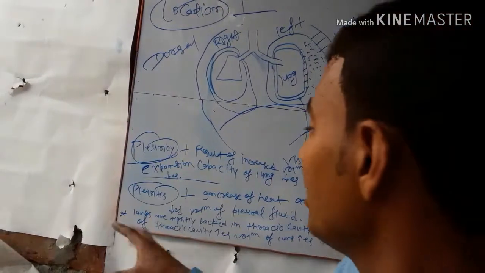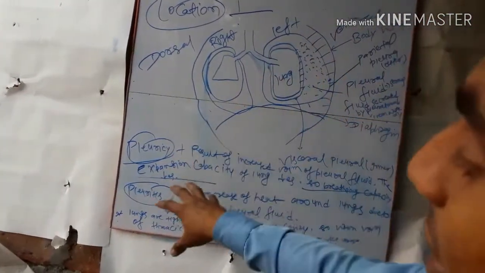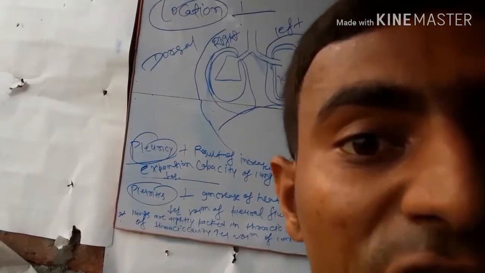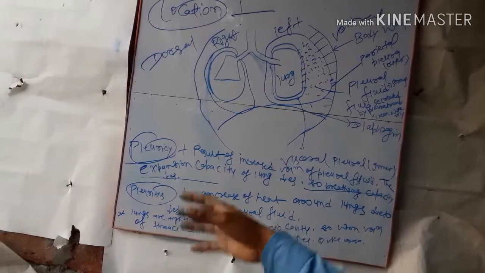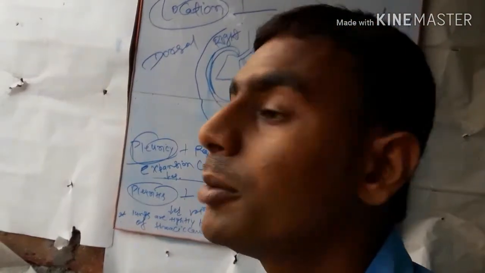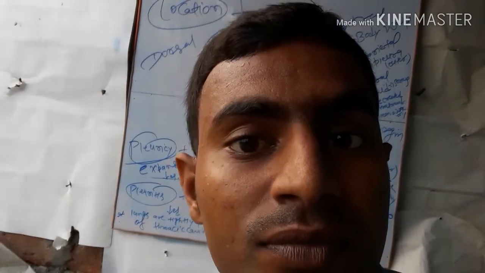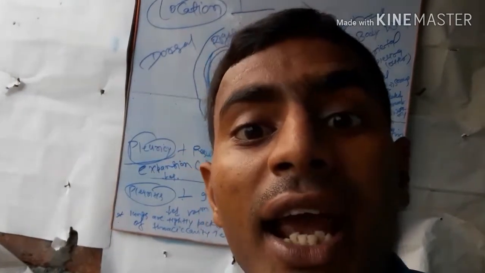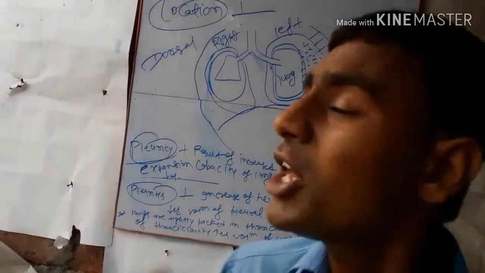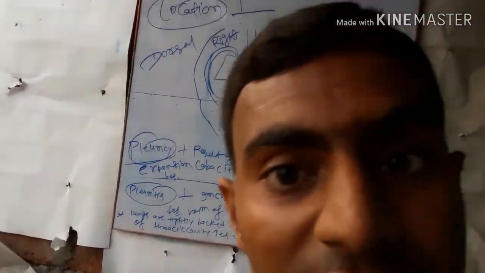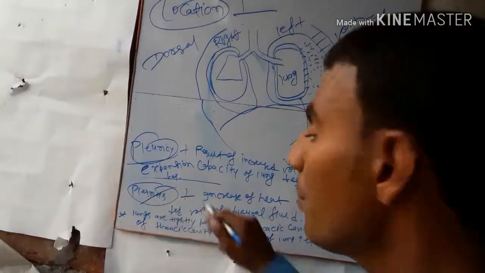The next point is pleuritis. You know that itis means inflammation, and inflammation means an increase of heat. When the quantity of pleural fluid decreases, this is pleuritis.